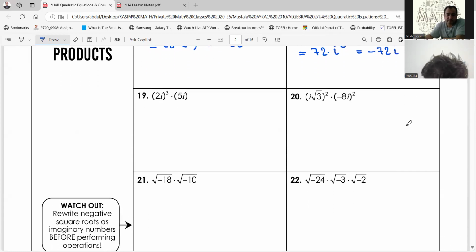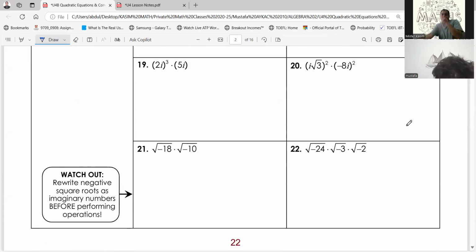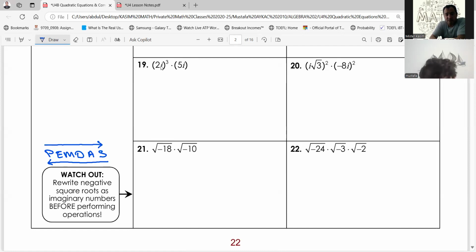And 19, first we have exponents, right? Again, we just use, what is that? PEMDAS. What does it stand for? Parentheses, exponents, multiplication, division, addition, subtraction from left to right. So we have to use exponent first. 2 cubed.